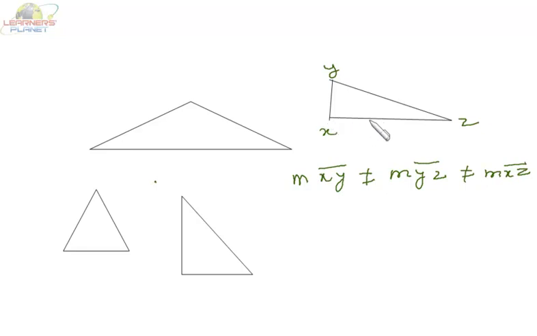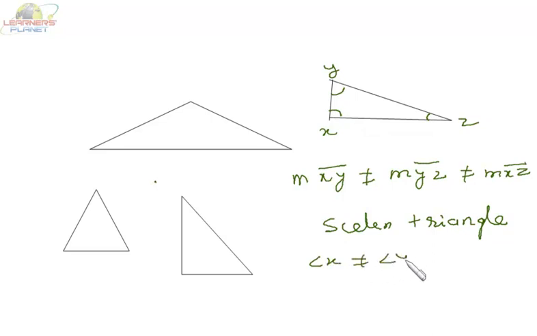So we call it a scalene triangle. If all the three sides are different, then all the three angles will also be different. So measure of angle X will not be equal to angle Y, that is also not equal to angle Z. That means all the three sides and all the three angles are different. Then we call it a scalene triangle.